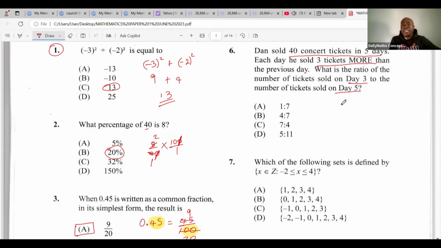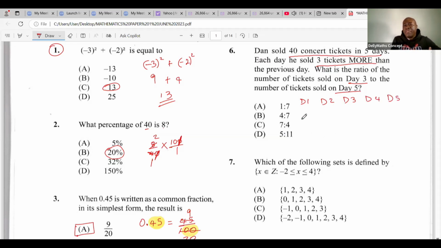So I'm going to set up a system and I'm going to be using X as my unknown. Now, remember though, I'm going to call day 1. So I'm going to have day 1, day 2, there is a day 3, there is a day 4, and there is a day 5.